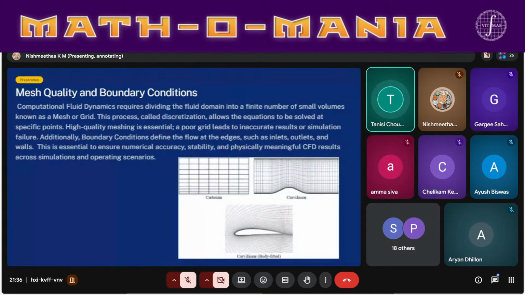Okay. Now, before you solve any equation, the geometry of your problem is divided into small cells called the mesh, and the governing equations we just saw are solved in each of the small cells. We do this because a smaller mesh size gives us a more accurate result.